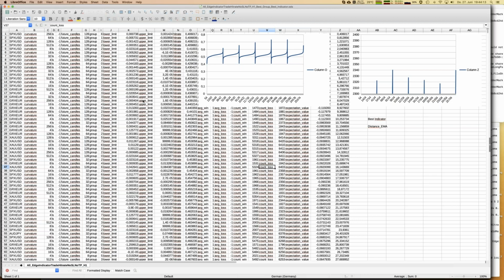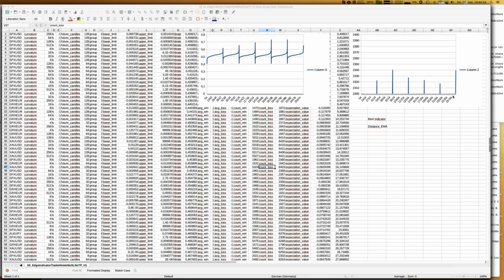That's not a big deal in Excel. You just have to sort the data according to some numbers and then adding up those numbers. And I will not go into the details, but what we have within that line here, that's the second indicator. And if you turn down here that Excel sheet, you will see the second indicator in my Excel sheet is distance EMA.